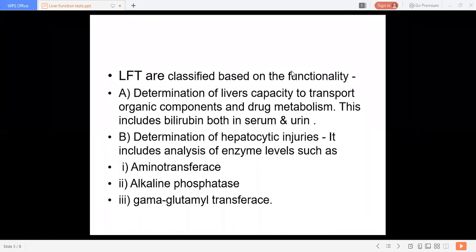It is also present in the bone, where it is synthesized by osteoblasts, which are involved in the formation of bones. Hence elevation in the levels of this enzyme indicates disorders of either the liver and also, yes, what is the second one?